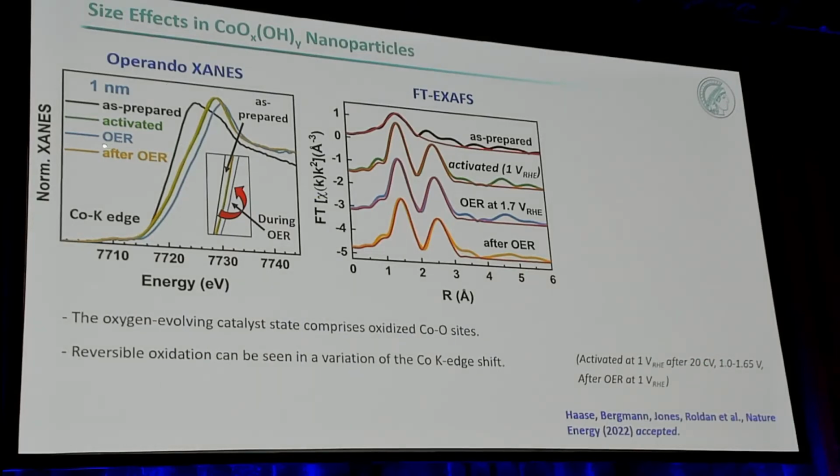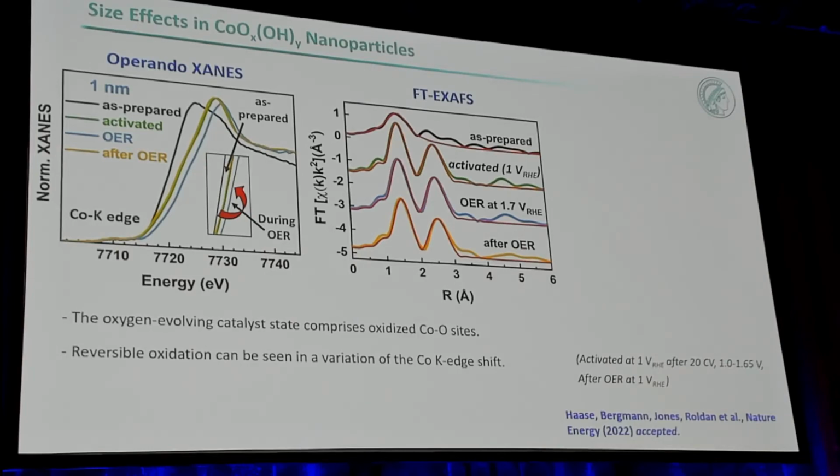Then you go to the OER conditions. The OER is done, in this case, at 1.7 volt with respect to RHE, and you see a further shift. And once you stop the OER and you go back to the activation state at 1 volt, you see that it's reversibly going back. But this is the active catalyst state, the new one.